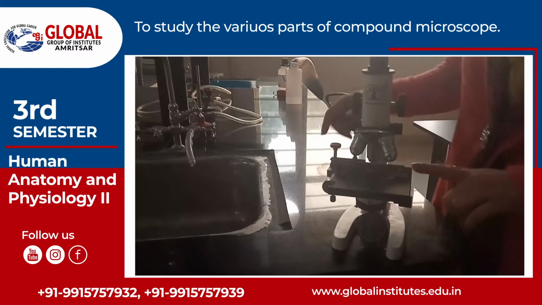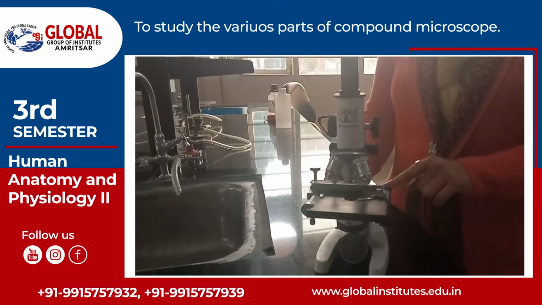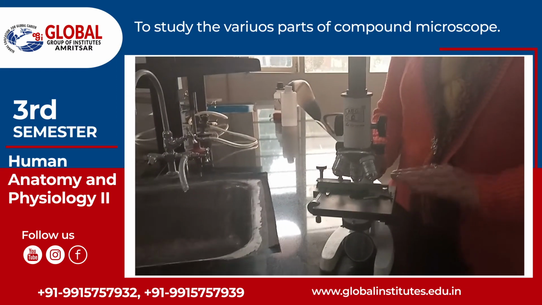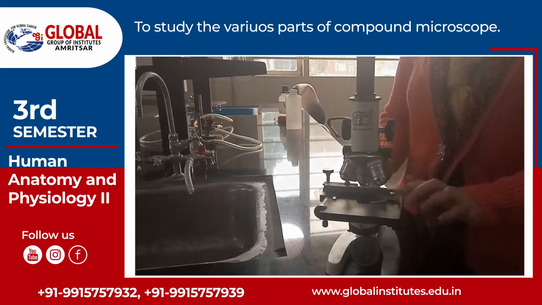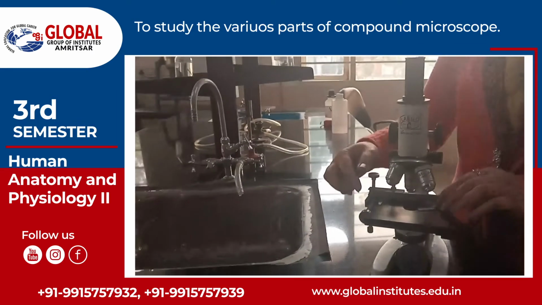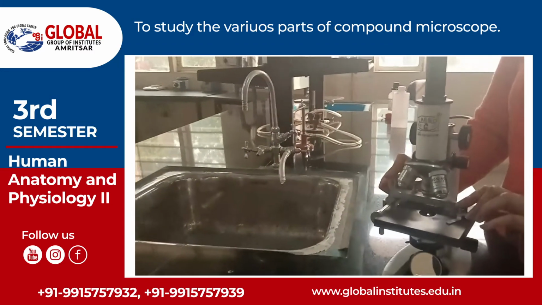The next part is the stage. This blackish part is known as the stage of the microscope, where we place our specimen which is under study. And this stage is further attached to this stainless steel portion which is known as the mechanical stage.